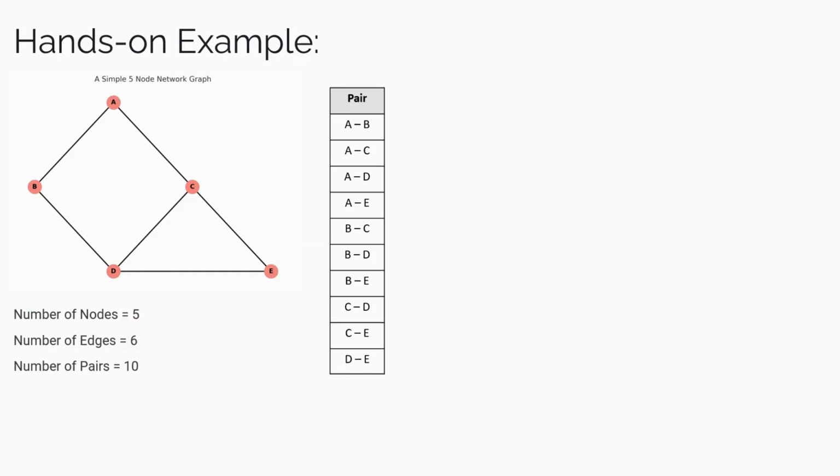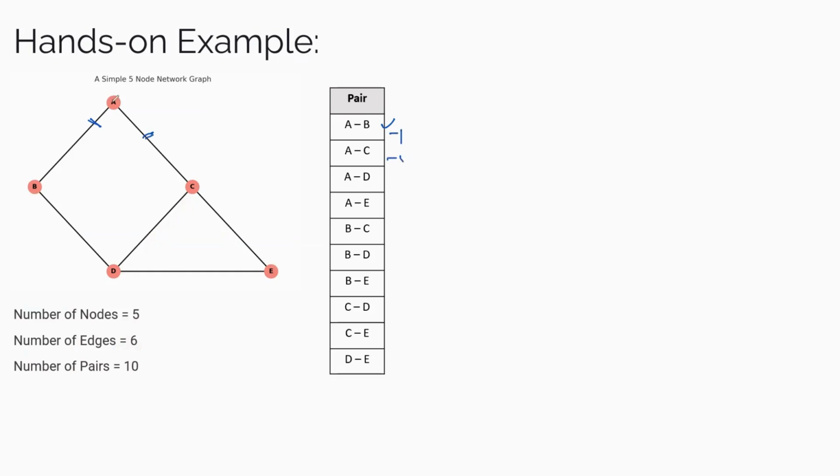To start with, if I take AB, then we have only one shortest path, that is AB itself. Then I take AC. AC also has only one shortest path.